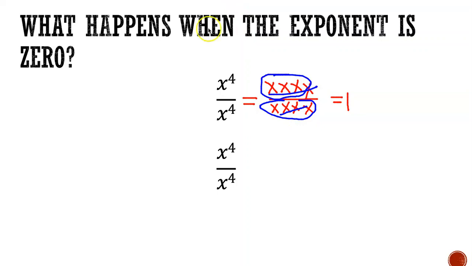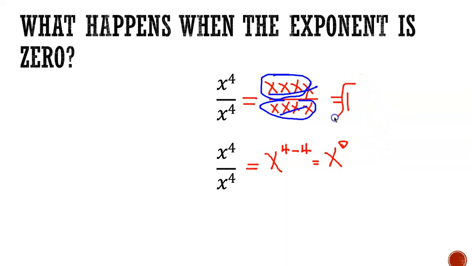But if we look at it from the rule we just talked about with subtracting exponents, we're going to have x to the 4 minus 4. Okay, so we just previously talked about the fact that if you are dividing powers, you're going to subtract the exponents, and you're going to get x to the 0.